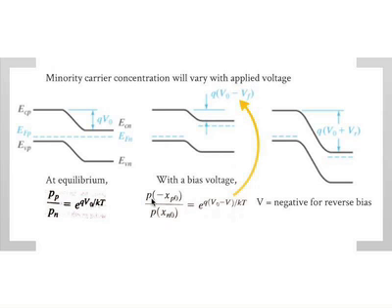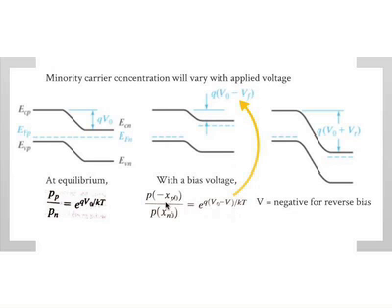So with the bias voltage, the concentration of holes at this location, minus xp naught, divided by the concentration of holes at this location, which is at the edge of the n-type, so that's the minority carrier, is now proportional to exponential of V naught minus V. This is basically what I said before in terms of the depletion width, the total width, remember? And you just make V negative for reverse bias, the equation is the same.